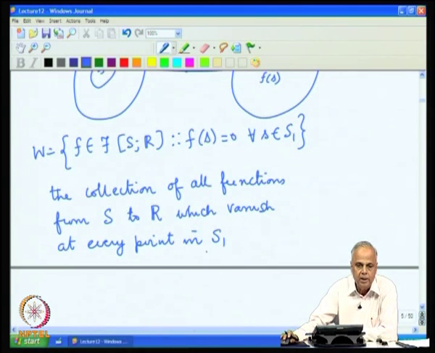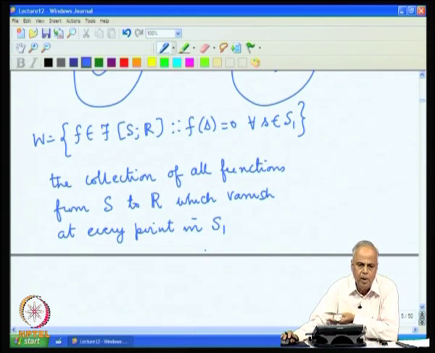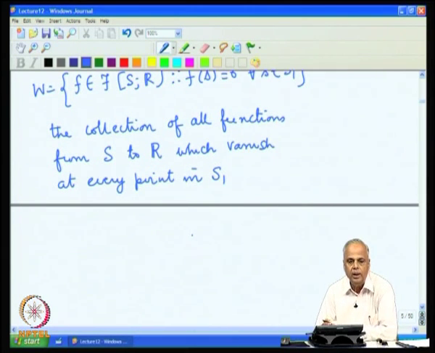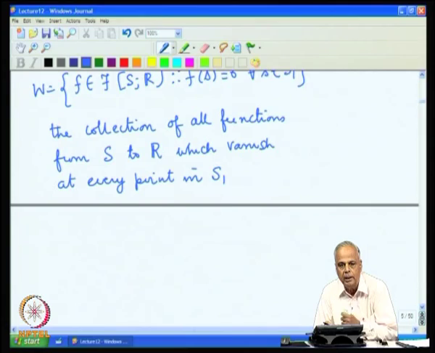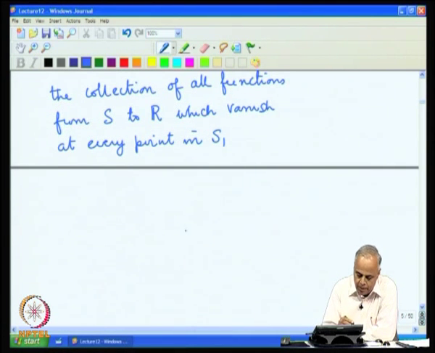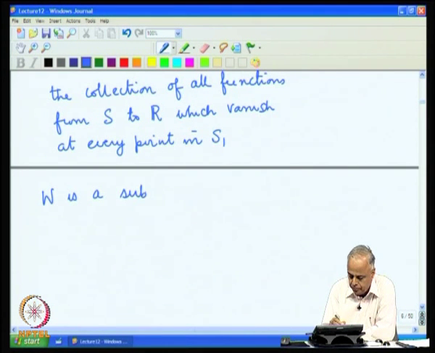So, at any point in that subset, the value of the function must be 0. So, we have taken, instead of a single point S naught, an arbitrary subset of S and looked at all those functions, and as before, this collection W is a subspace of F S R.